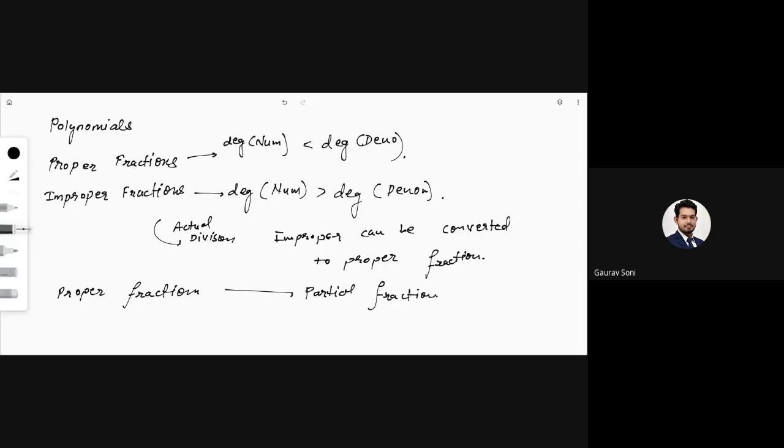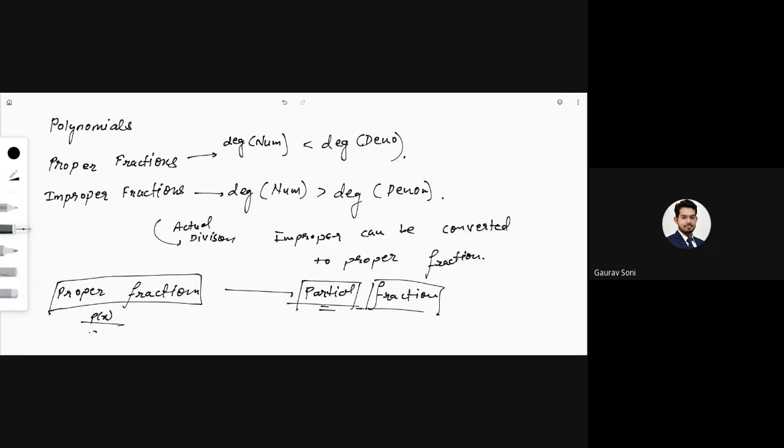So today we want to learn, once I have the proper fraction, how do you convert that proper fraction to the partial fraction? First of all, let me get into the meaning of partial fraction. You have a fraction, say p of x upon q of x.